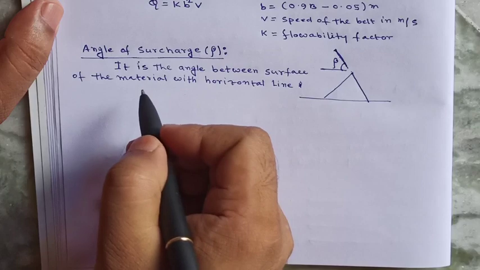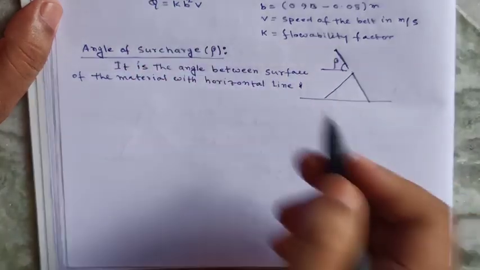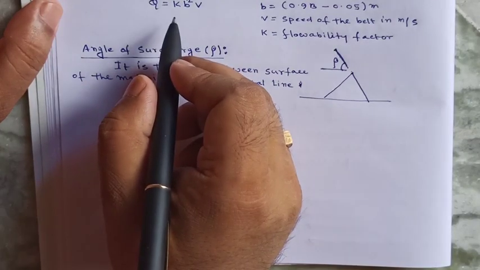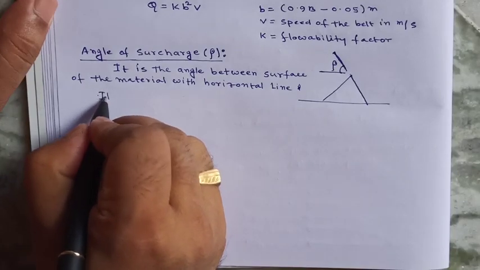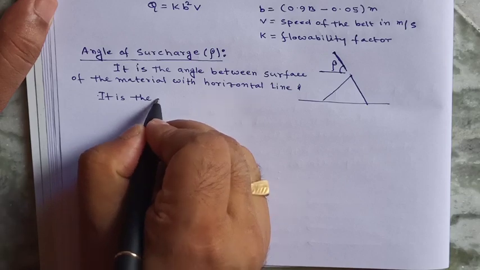It is the indicator of flowability. There is a relationship between beta and K. According to change of the beta, this flowability factor will change.